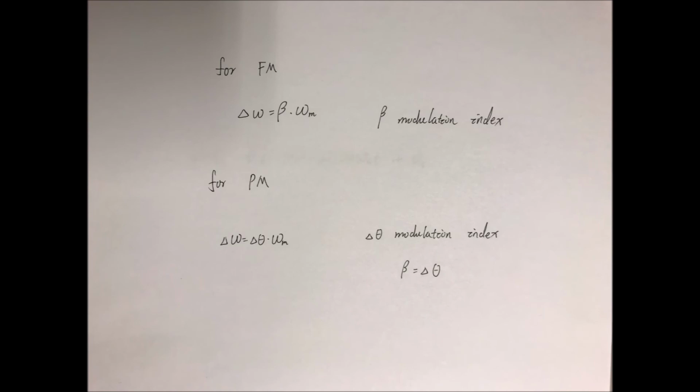So we call delta theta the modulation index. Delta theta is the modulation index for PM. Beta is the modulation index for FM. So for PM, the index is delta theta, which is A times Kp.